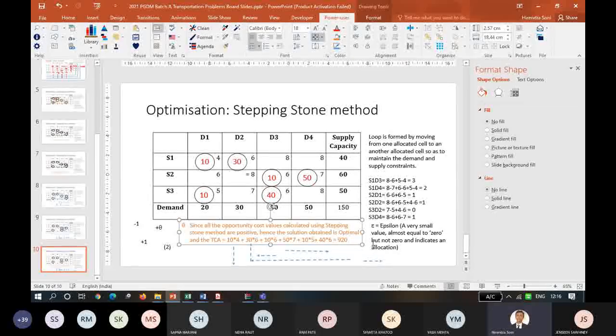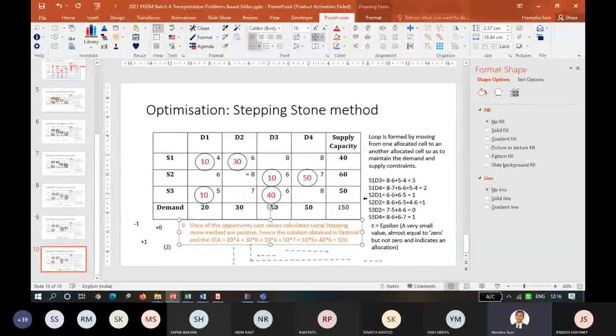Are we clear up to this? Yes, sir. Okay. What we'll do is we'll take up the UV method now. हमको ये तो clear हो गया. This is an optimal solution.